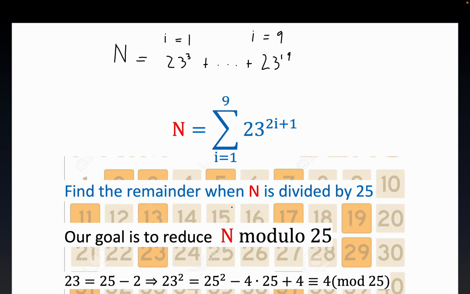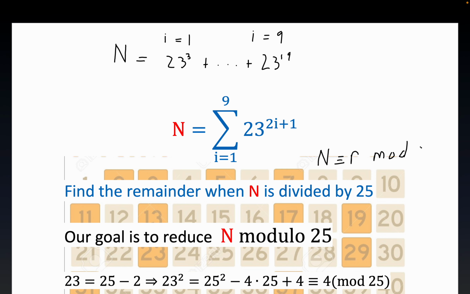Okay. So again, we're supposed to find the remainder when n is divided by 25. If you want to think of that in terms of modular arithmetic, and this is the way I'll be looking at it, we want to find some r less than 25, and we use this notation modulo 25 like this.